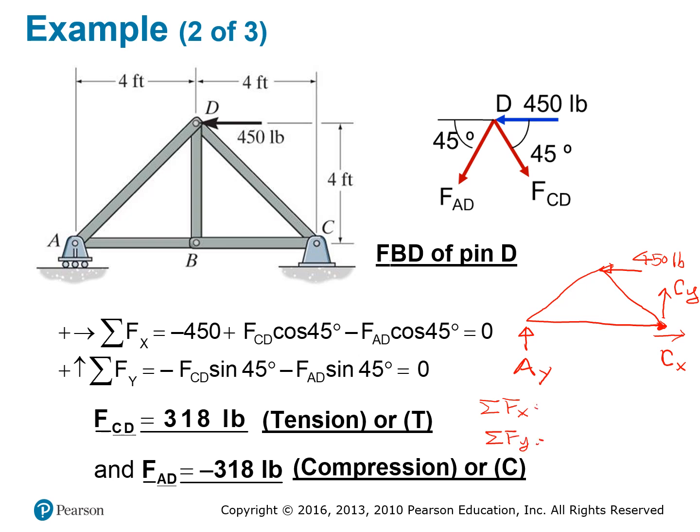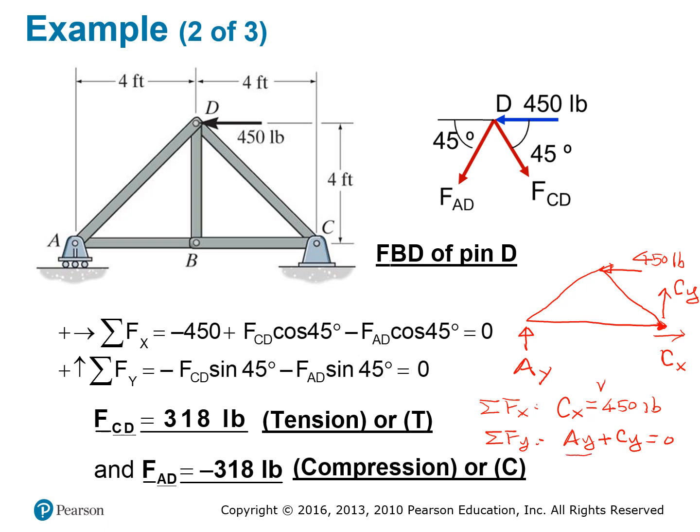If we use summation F of x, then Cx is the only force in the x direction, so Cx equals 450. What about AY plus CY equal to 0? So now I solve the Cx.